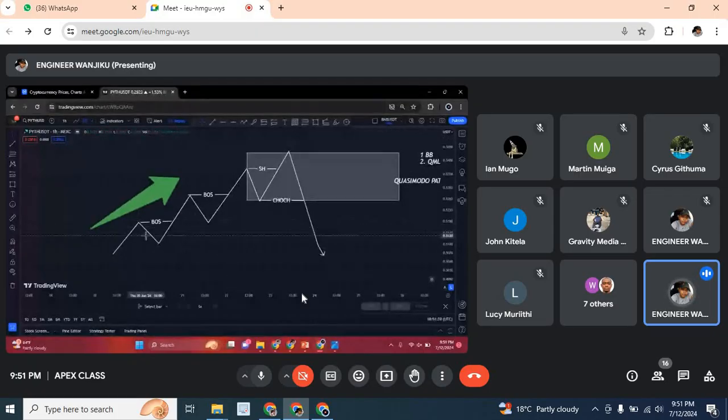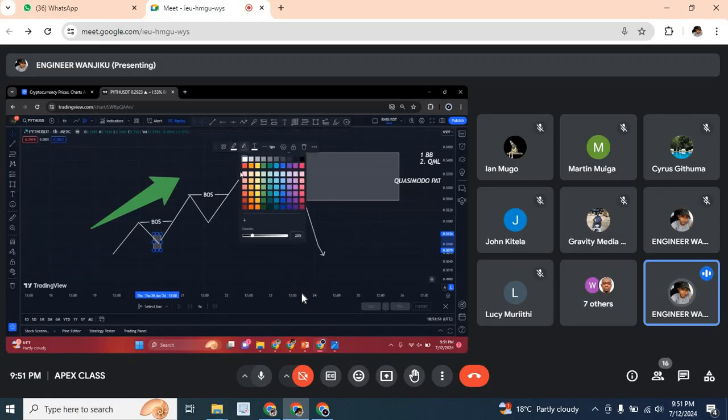This is the last leg before significant, the last sell before significant buy. So this basically is the last red right here. The last red before significant buy. What did we call it, anyone? Last red before significant buy.